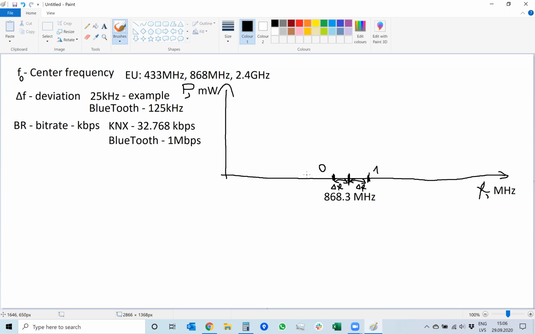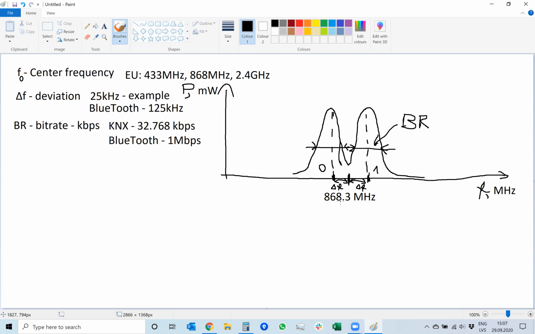So when you send the signal, you send it at 2 peaks of frequency, but because you are moving between these peaks at the speed of bitrate, they are actually not thin, they are wide peaks in your radio spectrum, and the width of each side is approximately equal to bitrate. So this, the width is bitrate.